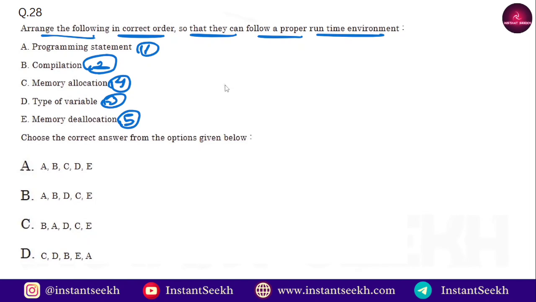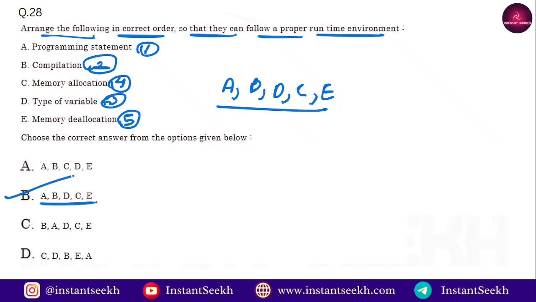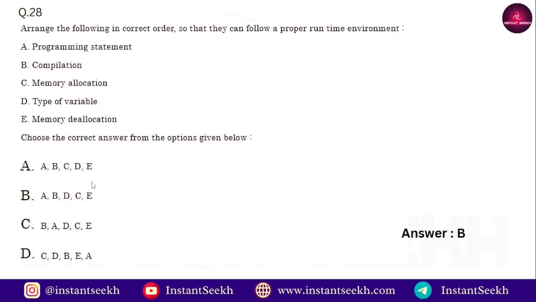So your correct order for a proper runtime environment will be A, programming statement, then B, compilation, then D, type of variable, then C, memory allocation, and then E, that is memory deallocation. So your option pattern will be A, B, D, C, E. That is option D, your correct answer for this particular question. Let's move on to the next.